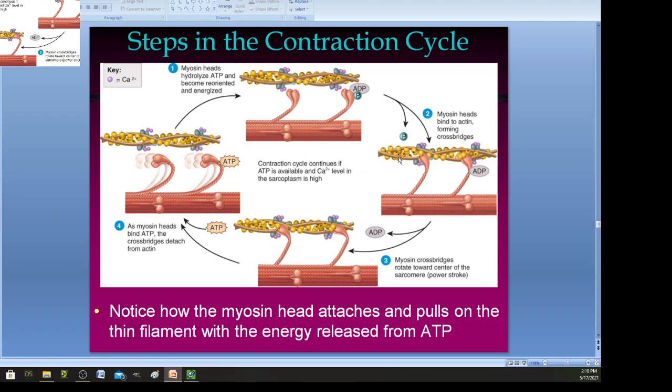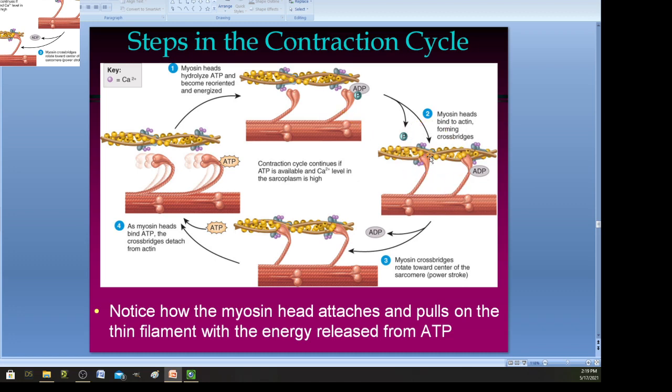So this is really just the same picture. See, here we have actin, we have myosin. We've got the calcium stuck to the troponin. So this contraction cycle is going to start because the calcium moves the troponin away so that the actin and myosin can stick together.